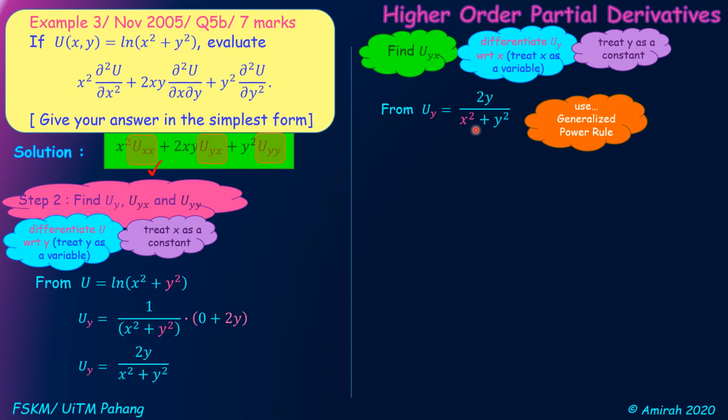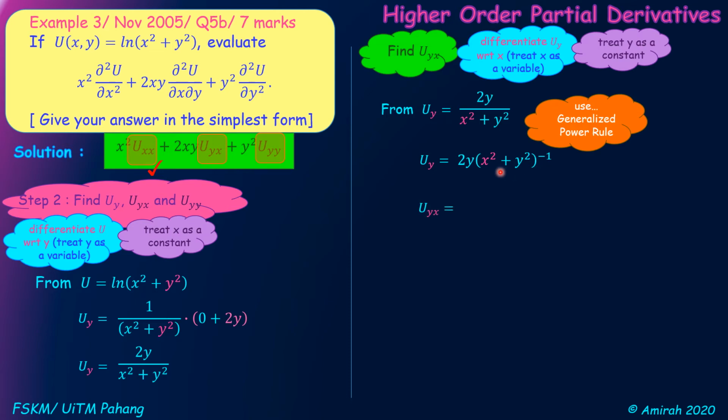So in this case, we can use the generalized power rule because we only have variable x in the denominator. When we use the generalized power rule, we move the denominator to the numerator, so we get 2y times (x squared plus y squared) to the power of -1, using the properties of indices.